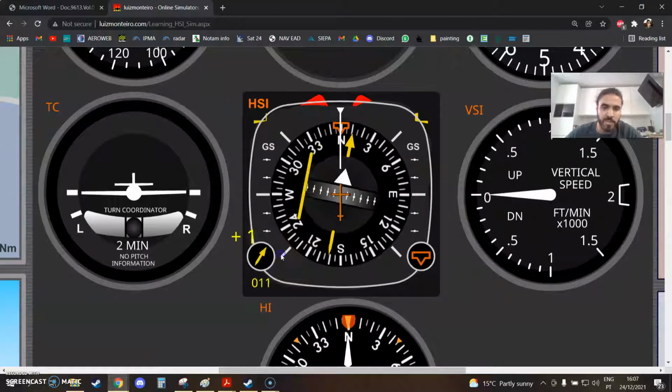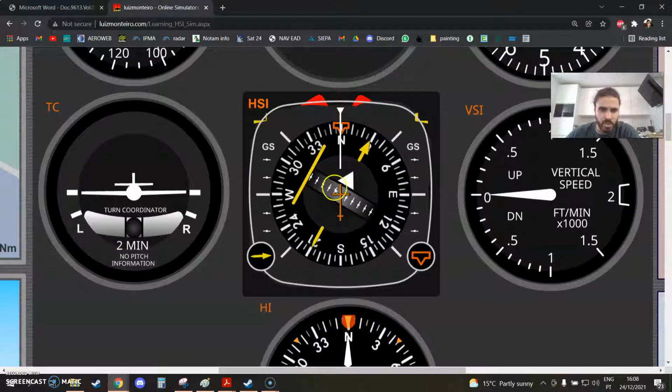From 10 degrees onwards, the indication is always the same. It doesn't matter if you're 15, 20, 50 or 90 degrees away, it will always show more than 10. So this is the 10 mark. Each mark, each white slash, is 2 degrees.